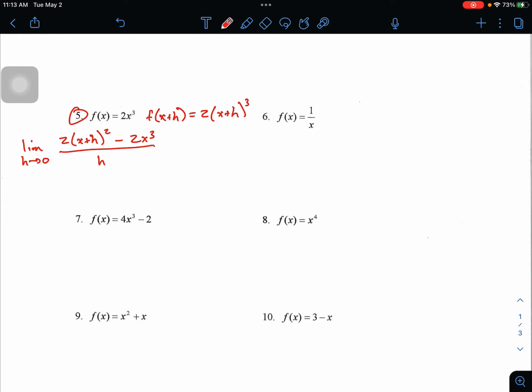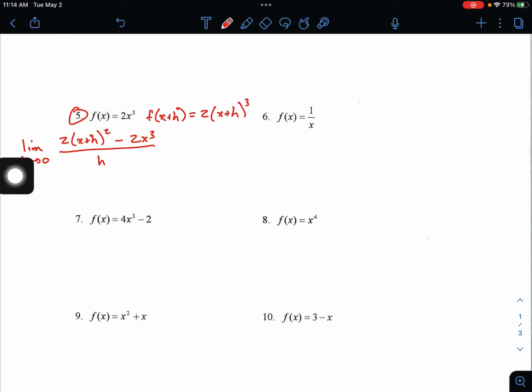Now, one quick heads up, it doesn't happen on this problem, but remember when you're subtracting f of x, in this case we only have the 2x cubed, but if you have a problem like this where you have more than one term, remember, put that in parentheses so that when you subtract that quantity, you remember to distribute the negative to both of those terms, okay? So don't forget that part of it.